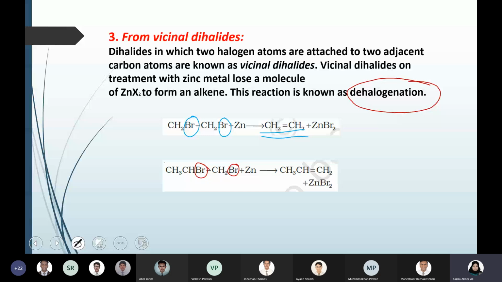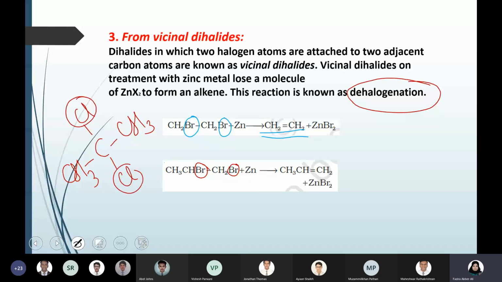So if you have a compound like this, say for example CH3, CH3. Here you can see both the halogen atoms are on the same carbon atom, right? So these kinds of halides are geminal dihalides. That means on the same position. These kinds of compounds can't be used for the preparation of an alkene.